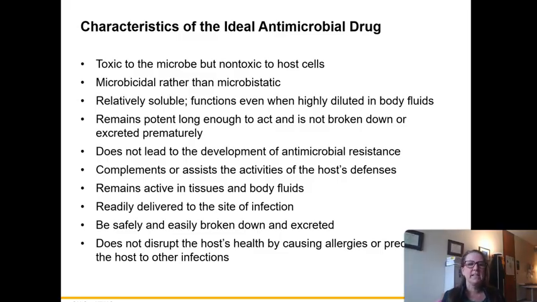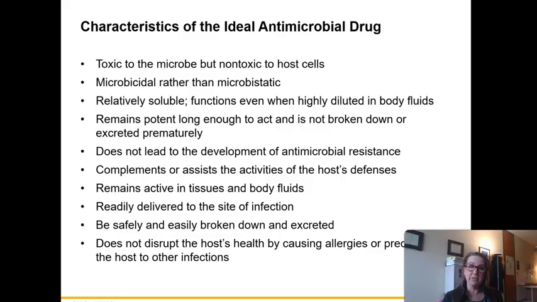Okay, third point. We want these antimicrobial drugs to be relatively soluble and to function even when highly diluted in the body fluids. Okay, so think about it. If you're taking a Z-Pak, or if you're taking an antifungal twice a day, we need to make sure that whatever concentration of that medication it is, it's going to work in the body once it's gone through what we call the secondary pass.